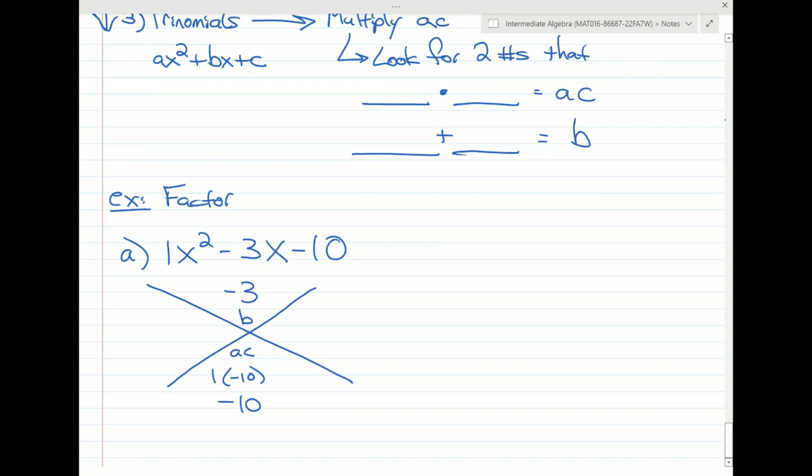So what we have to do is find 2 numbers that multiply to be -10. But the same 2 numbers have to add up to be -3. So this is where it's a little tricky. Can anyone think of 2 numbers that multiply to be -10 and add up to be -3?